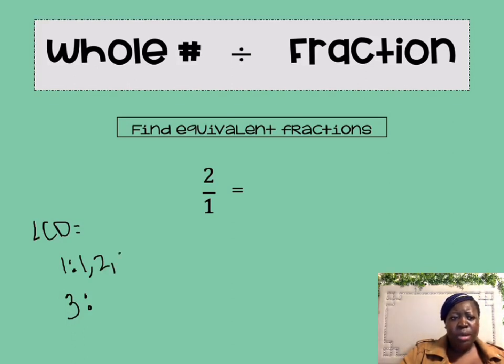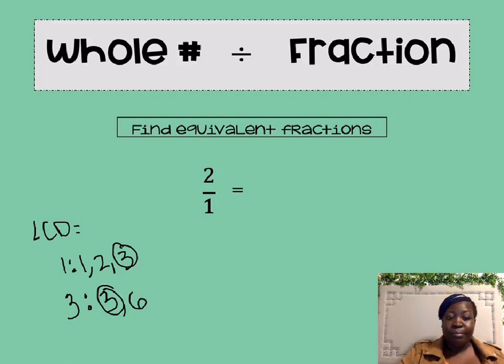So you have 1, 2, 3, and then you have 3. You can even go to 6, but we want to find the least common denominator, or the least common multiple. The least is 3. So what you're going to do is multiply 1 by 3.